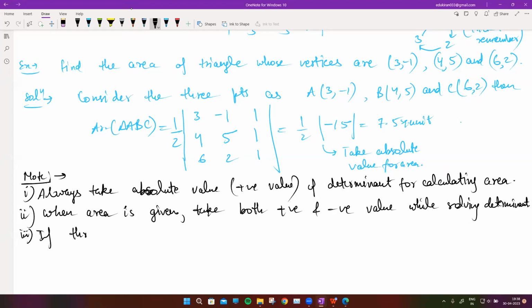Now, the third point is the first application of the rule.